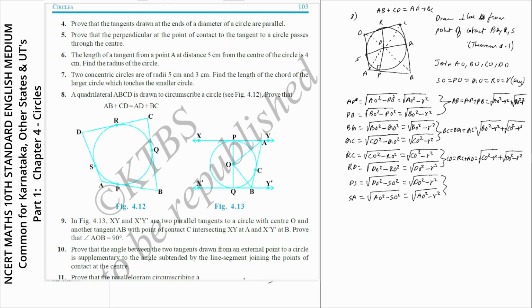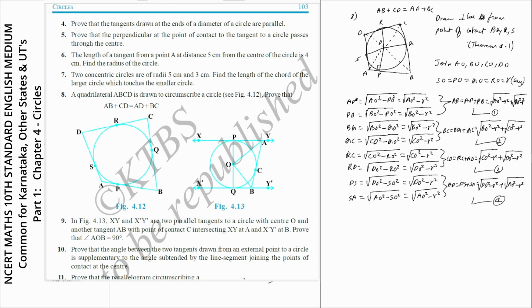Now from these two I'll get AD. AD is equal to DS plus SA. So this is equal to square root of DO square minus R square plus square root of AO square minus R square. I'll mark this as 1, this as 2, this as 3, and this as 4.